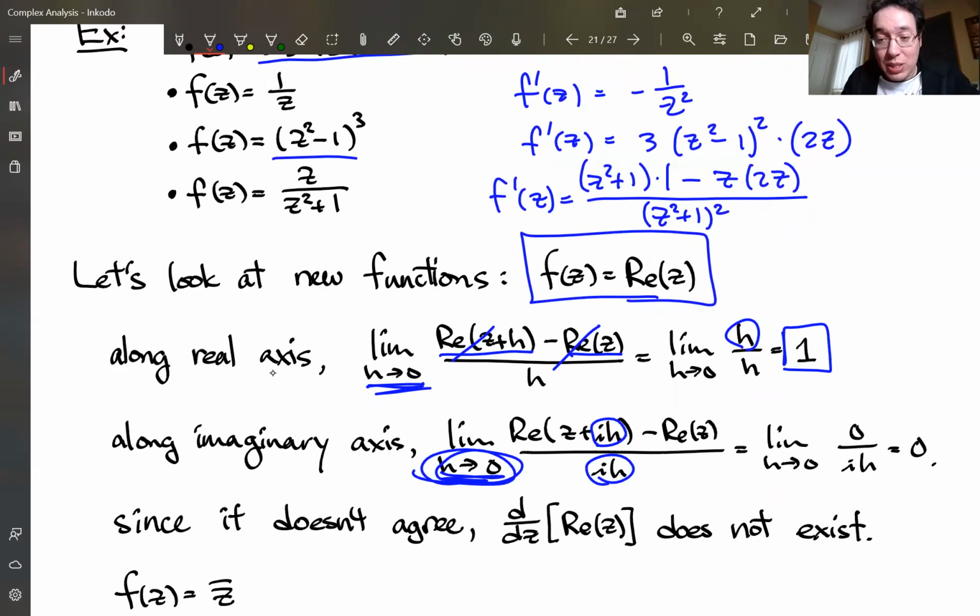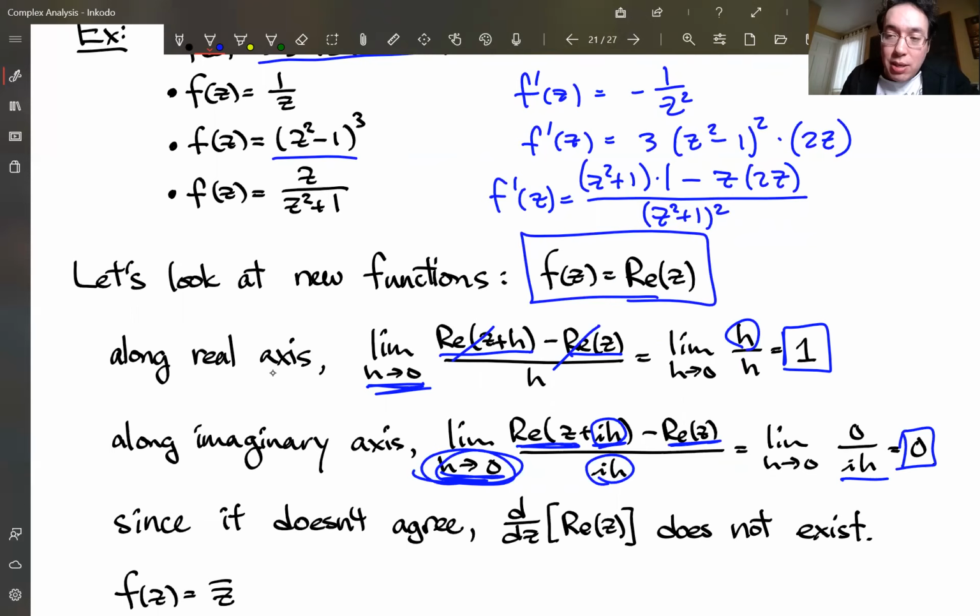Here, what's different is that the real part of this ih is just 0, because if it's a pure imaginary thing, the real part of that has no real component. So when we do real z minus real z, we just have 0 in the numerator. Denominator, we have ih, but 0 divided by ih is still 0.